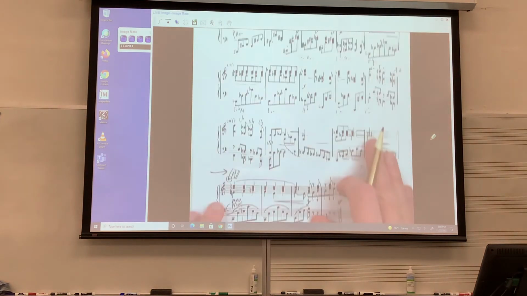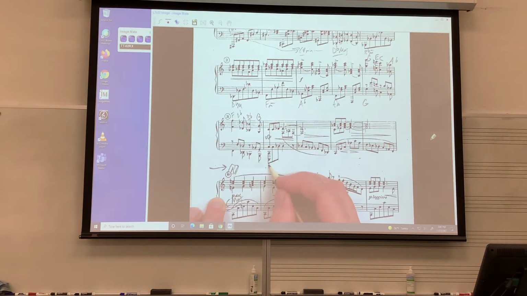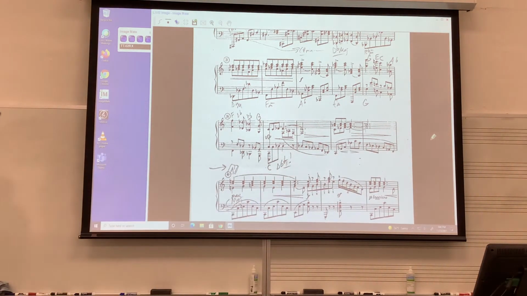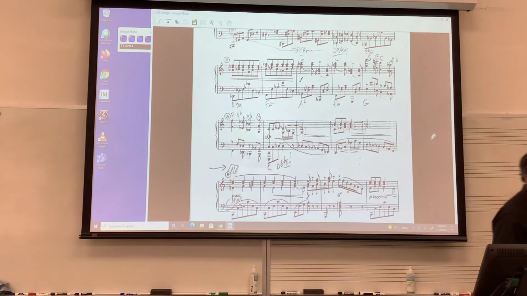And then we get, if we're in the key of C, C, C, D flat, which is our flat 2. This is starting at measure 35. So we get back to C major, but still no authentic cadence.